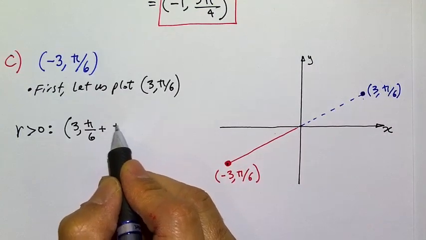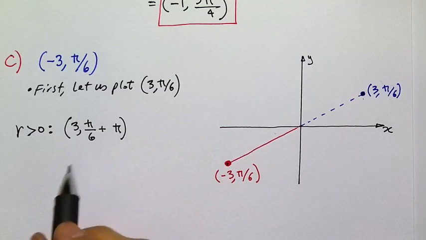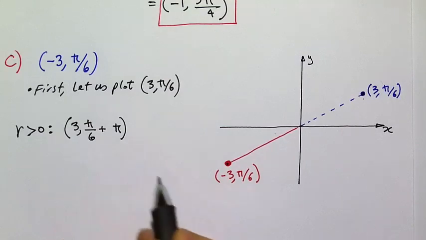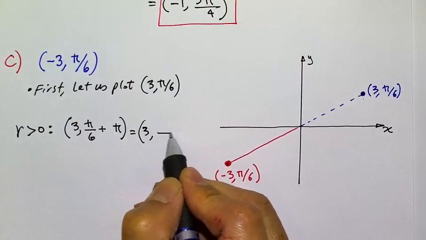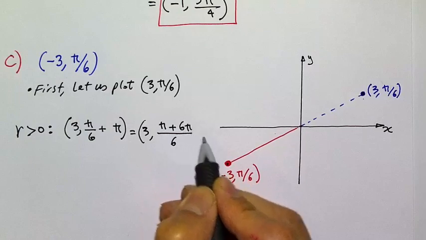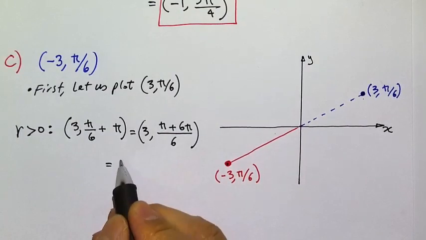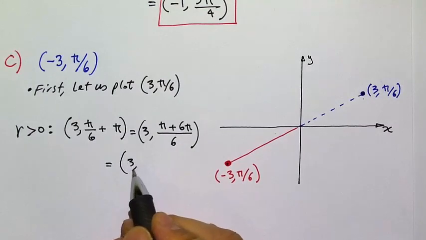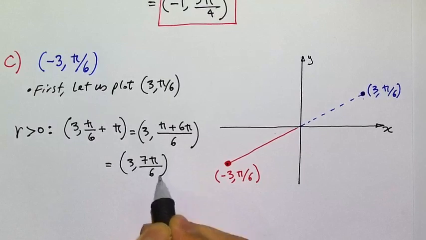So plus pi. Okay, so then we have 3 comma, common denominator, we have pi plus 6 pi, and simplify things there, we have 7 pi over 6, right?